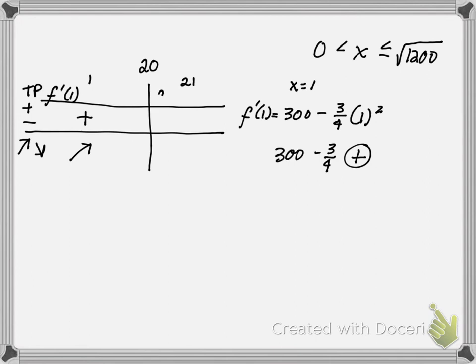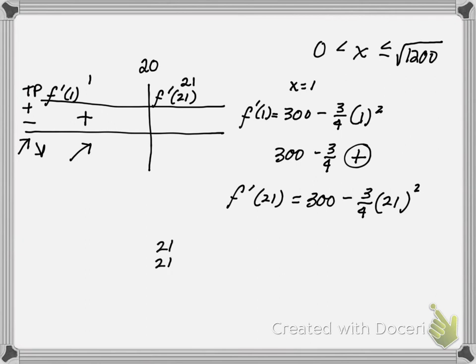Now I'm going to take the derivative at 21. So taking the derivative at 21, I get 300 minus 3/4 times 21, and that 21 is going to be squared. I know 21 squared is a pretty large number, but we can quickly figure out what it is: 21 times 21 is 441, so roughly 440.